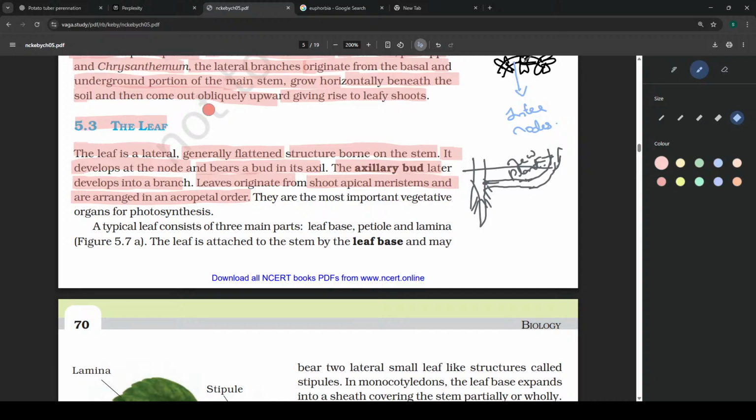We all know it's also developed from the buds, that is axillary buds, and the nodes of the stem, and the axillary bud will develop at its axil, and this axillary bud later develops into a branch. Leaves originate from shoot apical meristems and are arranged in an acropetal order.